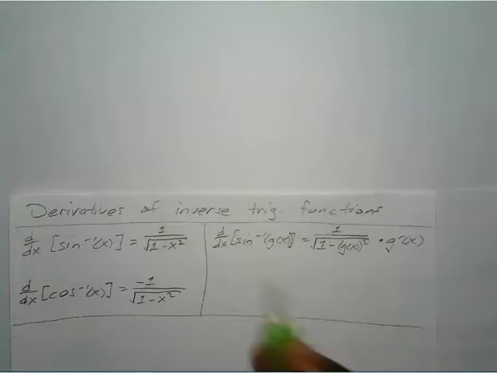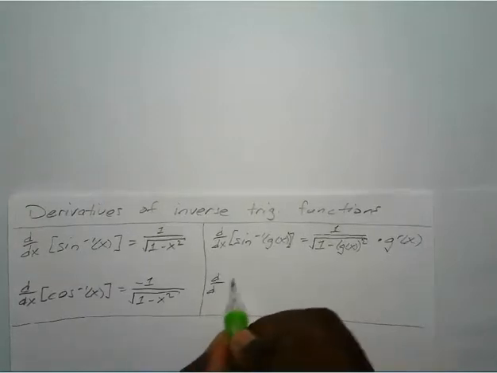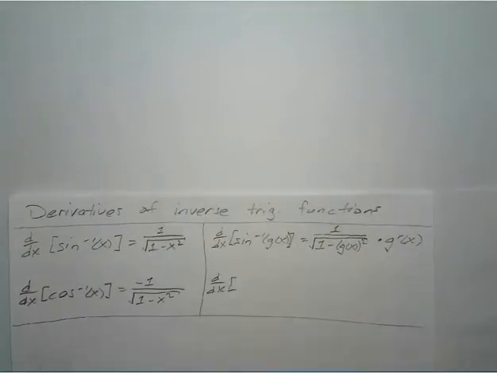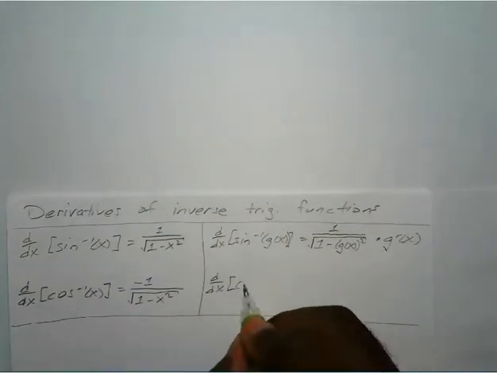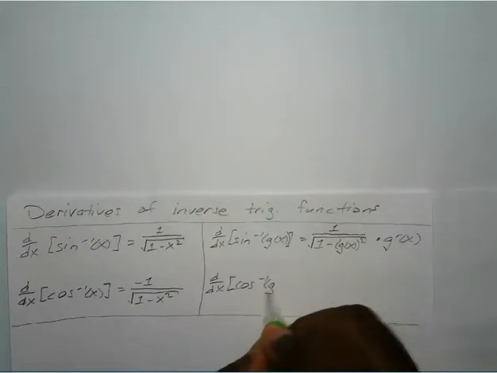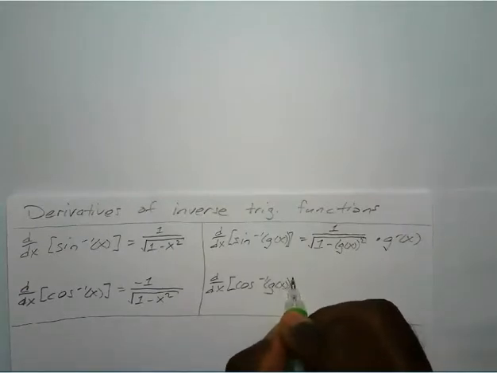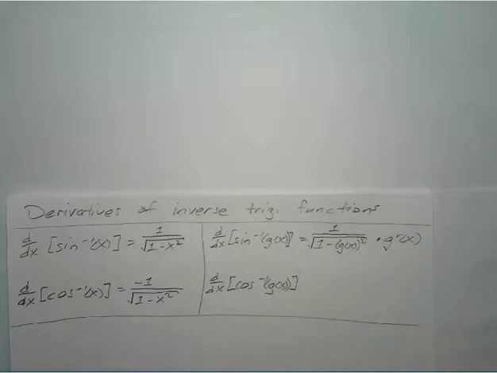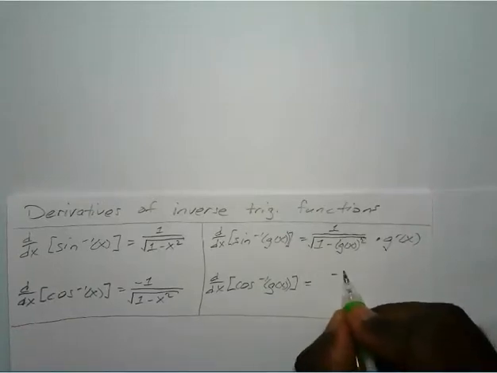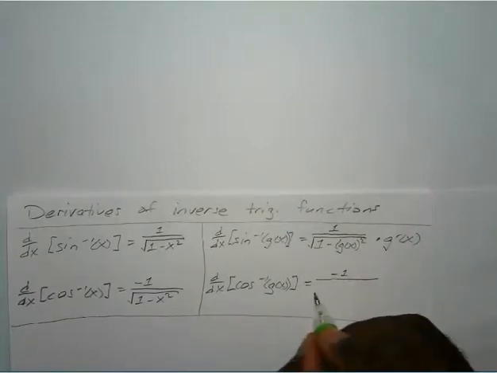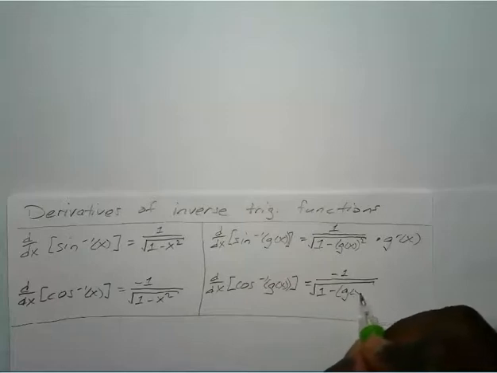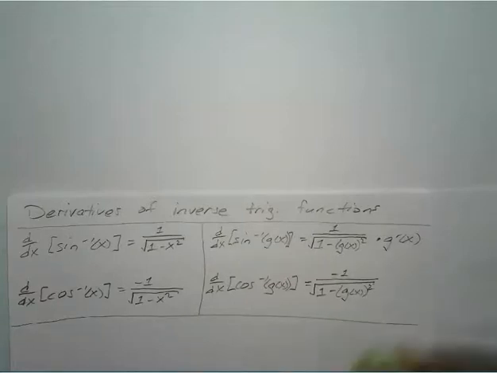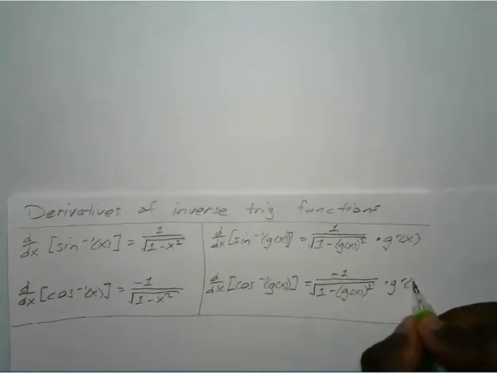Same thing with your cosine inverse. The derivative of cosine inverse of a function of x is of course just the negative 1 over the square root of 1 minus that function of x squared, times the derivative of that function of x.